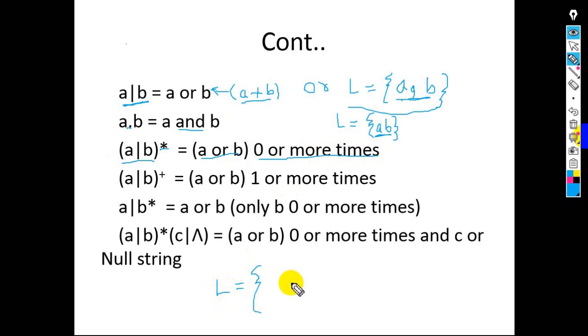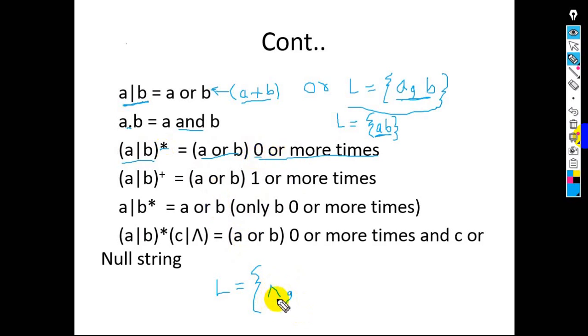The language is (A or B) star, 0 or more. If there is a star, first there is the null string. Null string. So this means 0 or more.